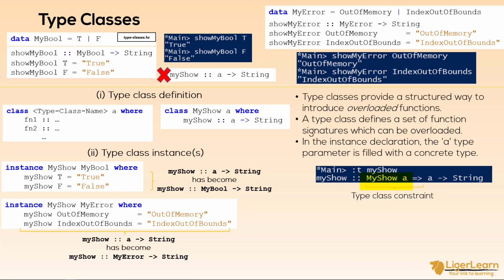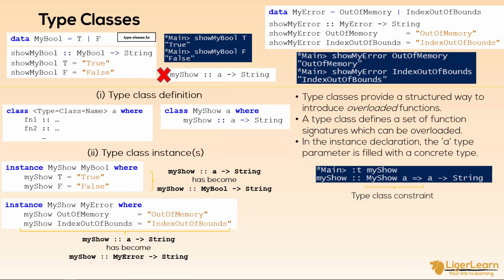Essentially, everything that comes between the double colon and the fat arrow is what we call a type class constraint. Sometimes it is called a type class restriction. We would read our generic myShow function signature as a function which takes in any type and returns a string.